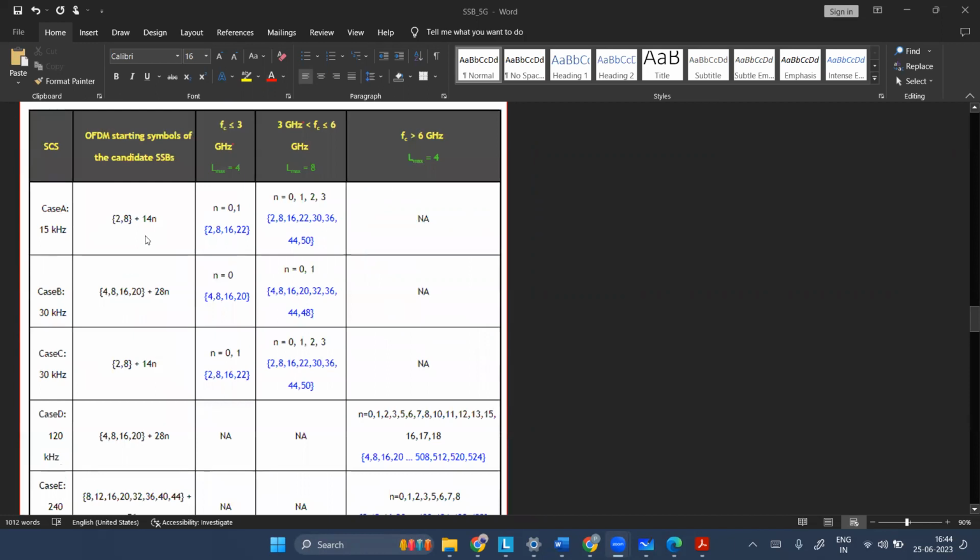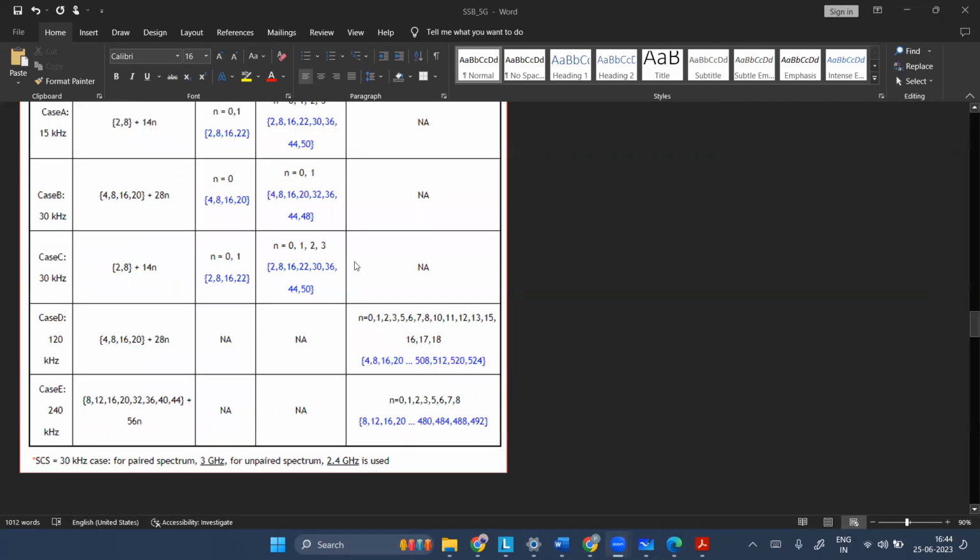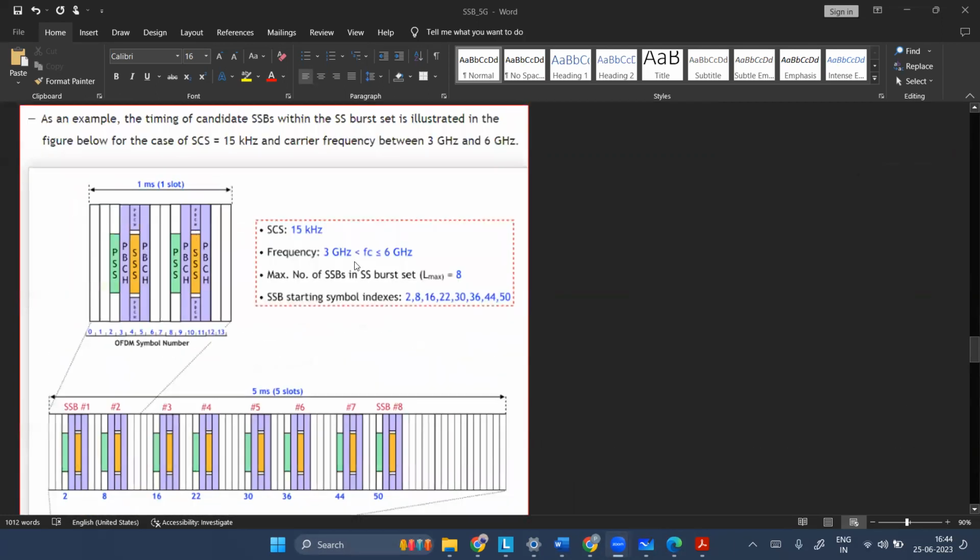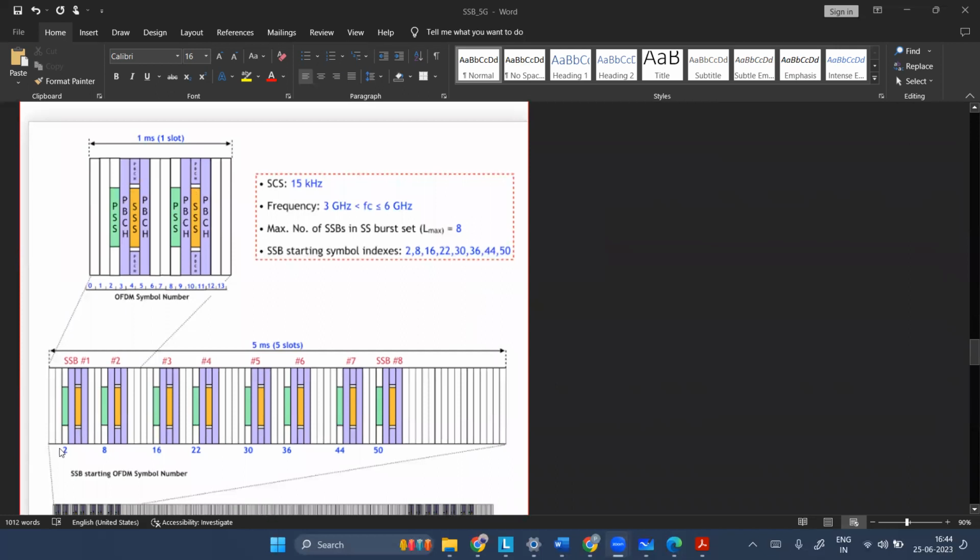SSB starting symbols, as per the formula that we saw above, right? So this is the formula, {2, 8} plus 14n. So 2, 8, 16, 22, 30, 36, 44, 50. That's what it is showing here. And these are the starting symbols in the 5 millisecond half frame: 2, 8, 16, 22, 30, 36, 44, 50, right? So these 8 SSBs are possible.